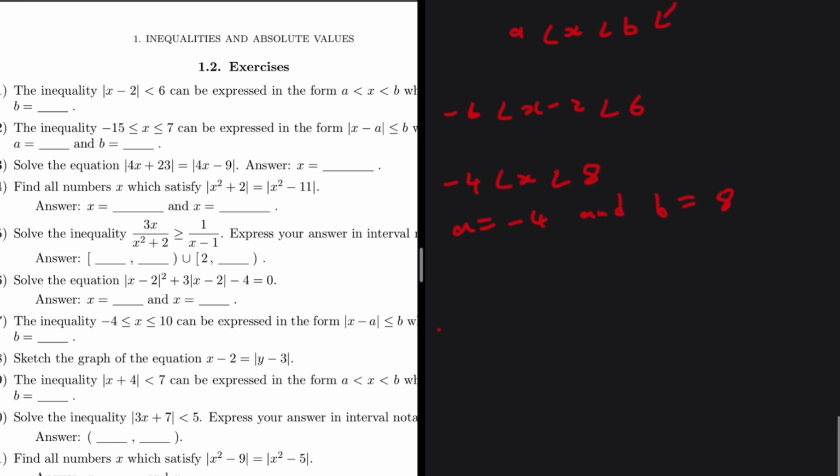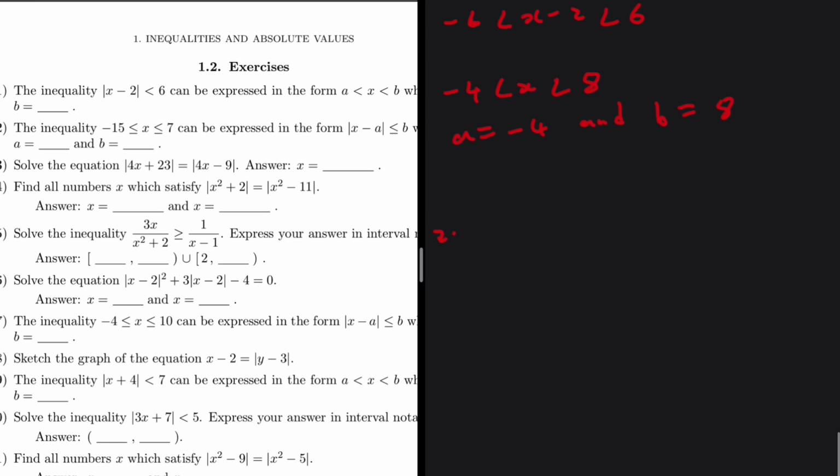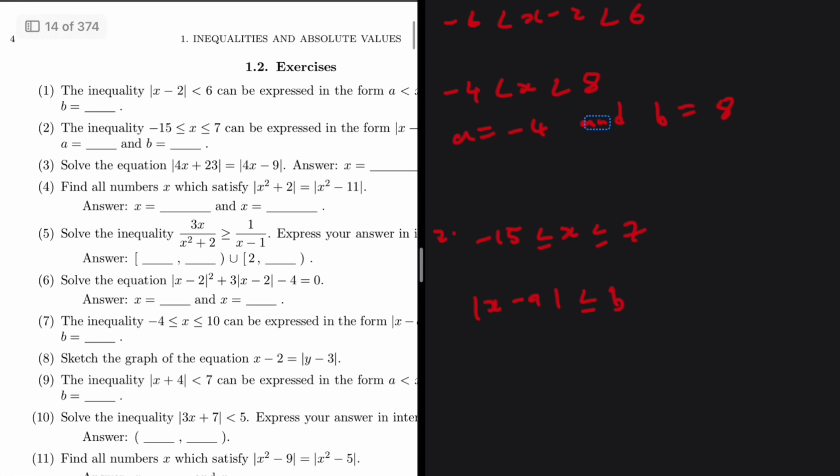This is question 2. We have the inequality minus 15 is less than or equal to x, and x is less than or equal to 7. That can be expressed in the form, the absolute value of x minus a is less than or equal to b, where a is equal to and b is equal to.